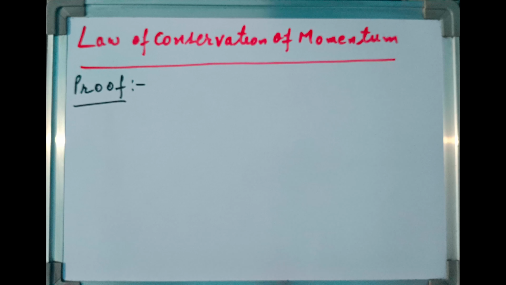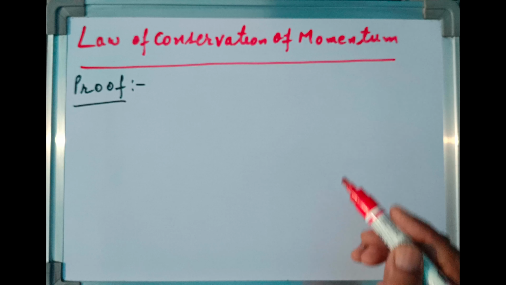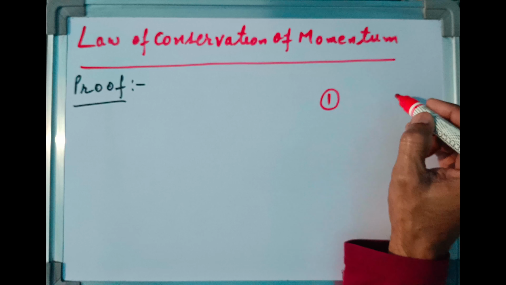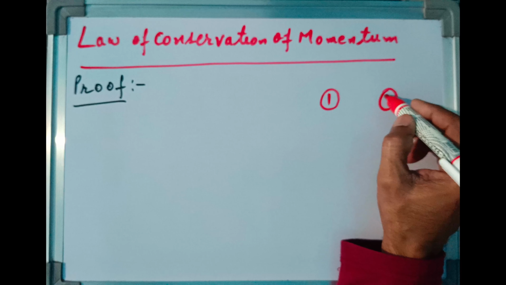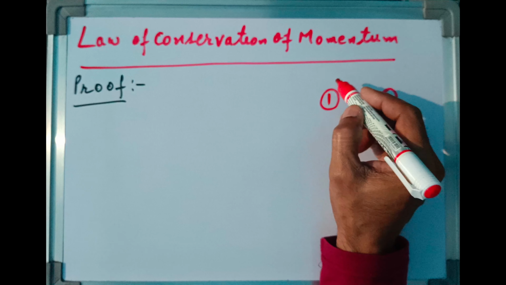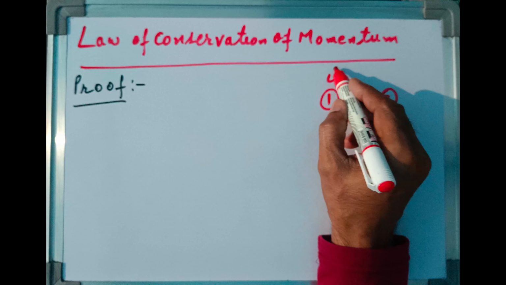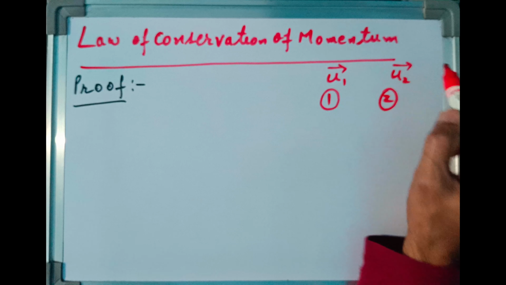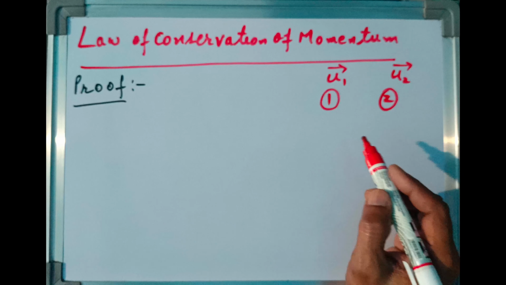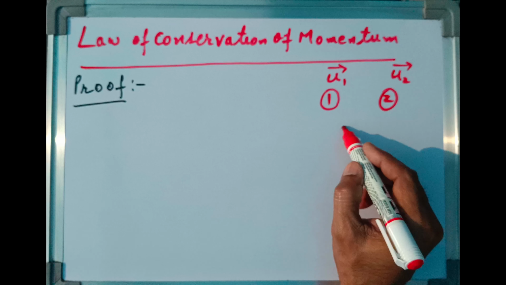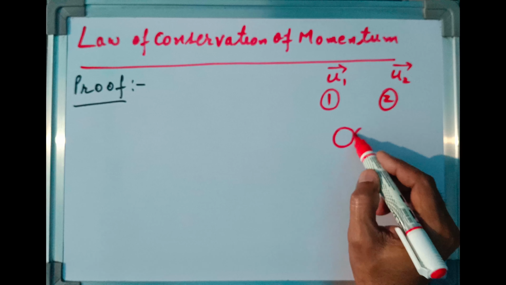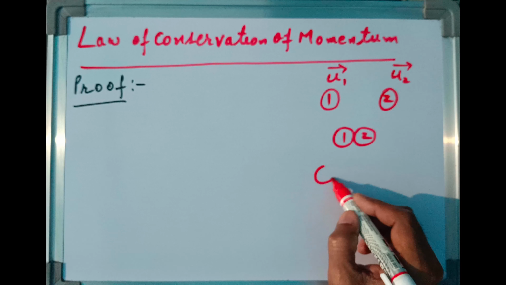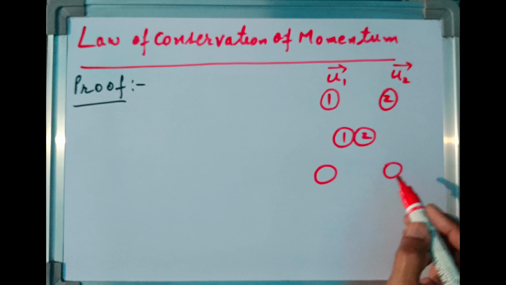For proving this law, let us consider two bodies, body 1 and body 2, which are moving with some velocities, suppose u1 vector and u2 vector. Suppose these two bodies collide with each other and then get separated.